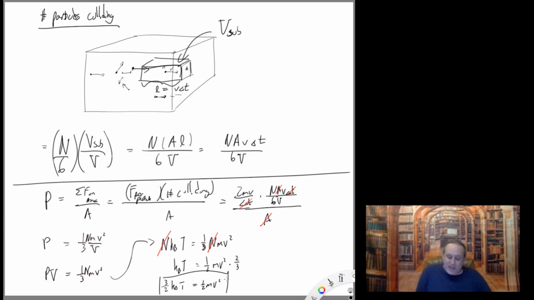Now that's really interesting because this is from a purely theoretical place. We just discovered that the temperature has a connection to the kinetic energy of the particles. Remember that historically, no one really knew what temperature was.